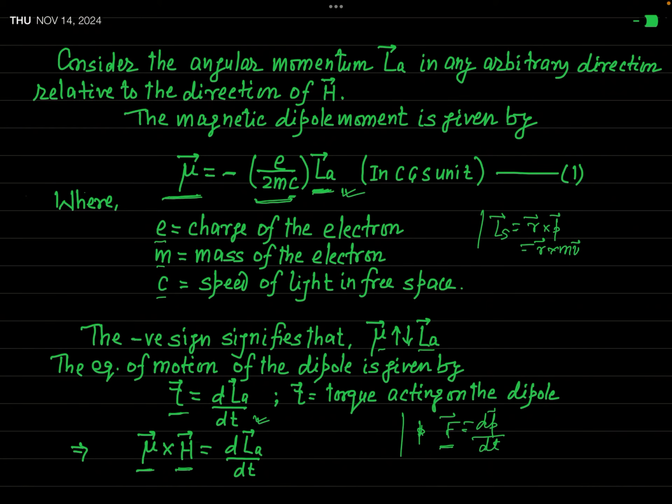So when you find its component, let us say this component is LA prime, that will be equal to R1 cross MV, because R1 is the projection of R.